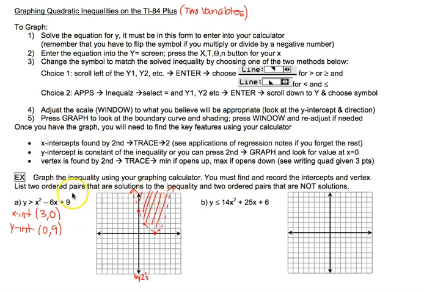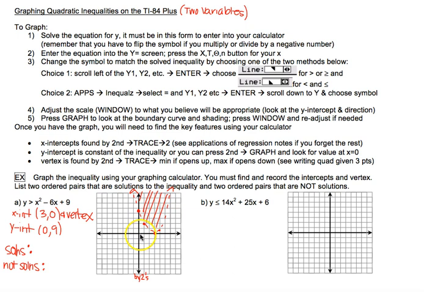Then it says, we found and record the x-intercepts and the vertex, so I can just write and vertex here because it's both. So I did that. Now I need to list 2 ordered pairs that are solutions and 2 ordered pairs that are not. That's solutions, not solutions. So solutions are going to be any ordered pair on the inside.